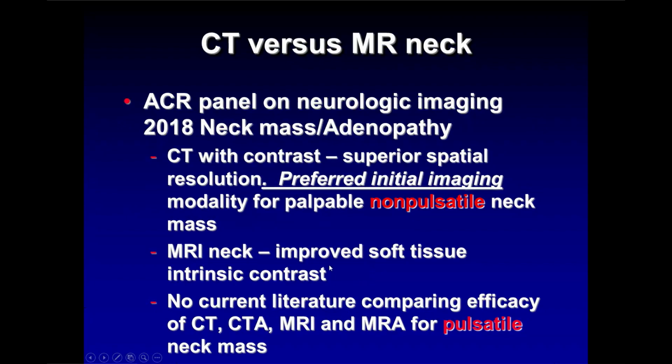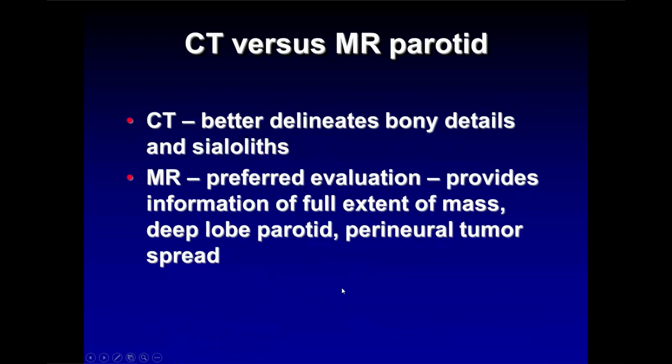I tend to reserve it for skull-base pathology as well as salivary gland pathology. But certainly you can't go wrong with the CT neck to begin with. There's really no current literature comparing the efficacy of CT, CTA, MRI, or MRA for a pulsatile neck mass, and I'll distinguish that in subsequent slides.